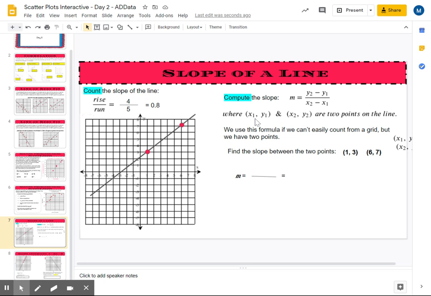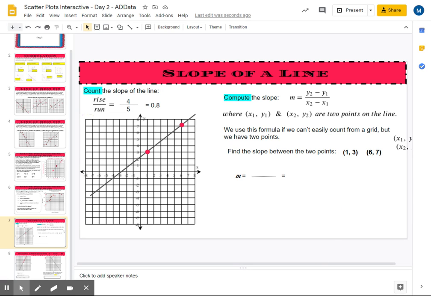Okay, so the little points are x sub 1, y sub 1, x sub 2, y sub 2. So to use this formula, we need 2 points. The sub numbers, the ones and twos, don't add any math onto what you're doing. They just are little indicators to show that you have a first point and a second point.